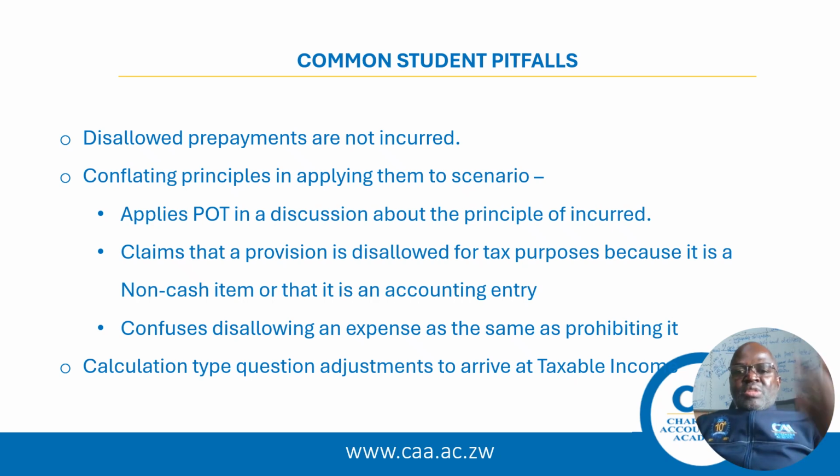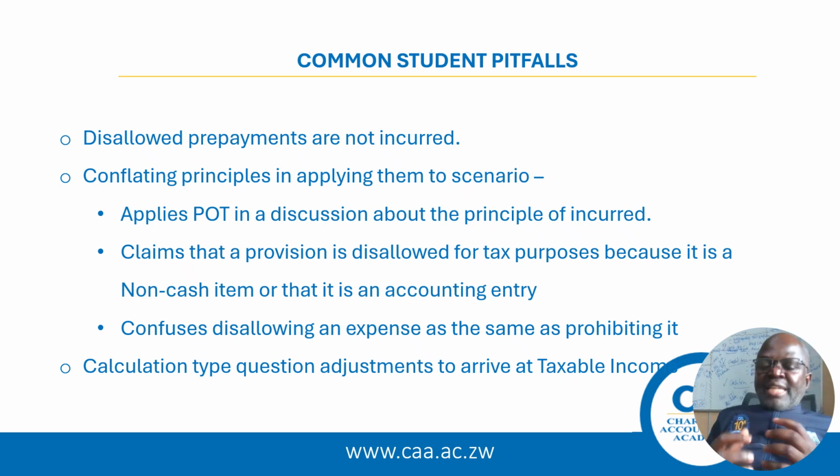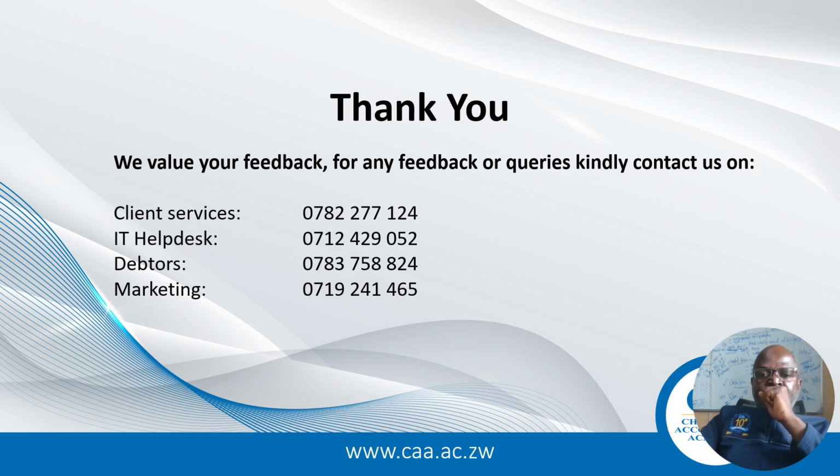So for you to work to the taxable income, you are simply not allowing it. So you're not adding anything back, and neither are you deducting it. So that's a challenge. Students with calculation type questions sometimes are not looking at establishing what had been done for accounting purposes before trying to treat it for tax purposes.